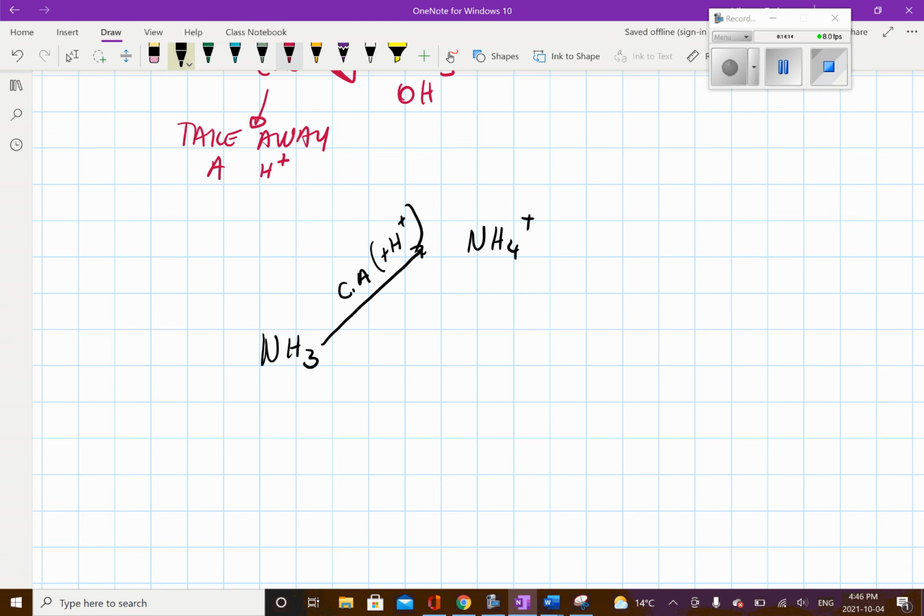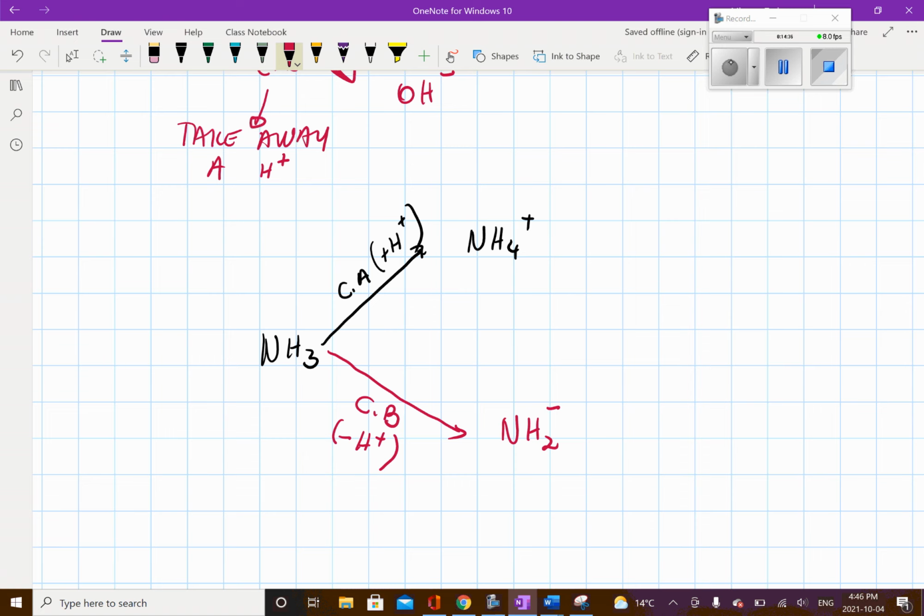And when we are looking for the conjugate base of NH3, we subtract an H plus. By subtracting an H plus, this becomes NH2 minus.